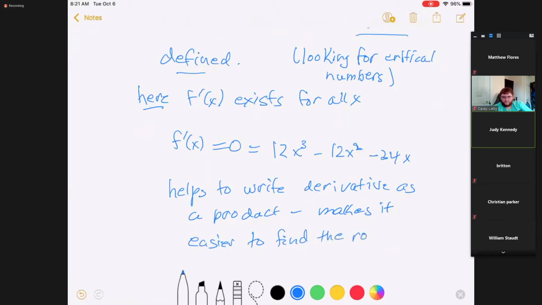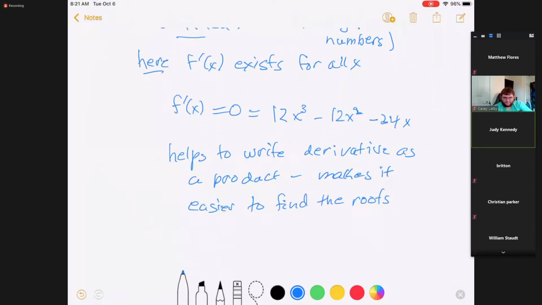I'm looking for the places where 12x cubed minus 12x squared minus 24x is equal to 0. Okay, so I'm going to take this and try to factor it.